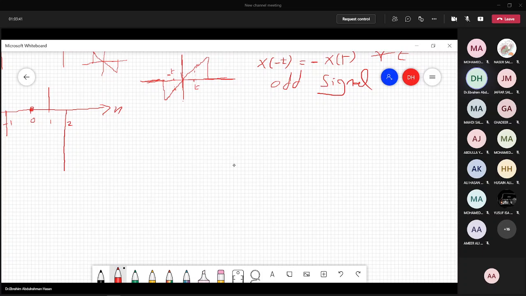About this one, is this one even or odd?